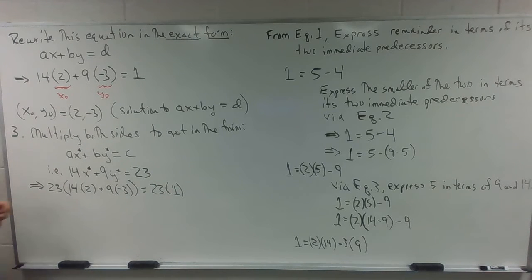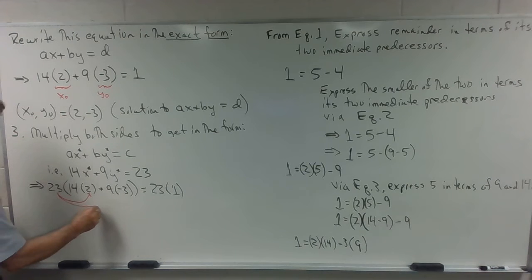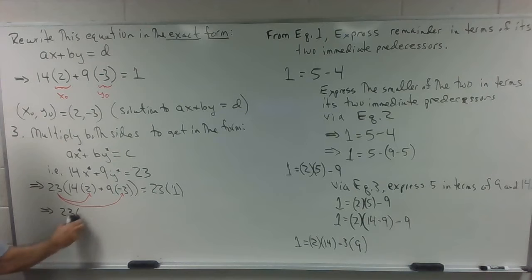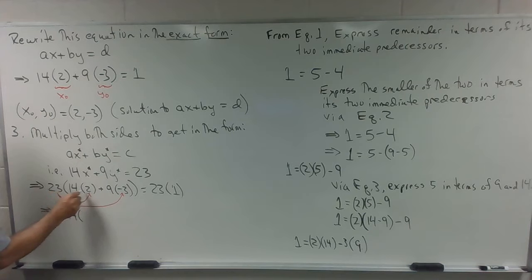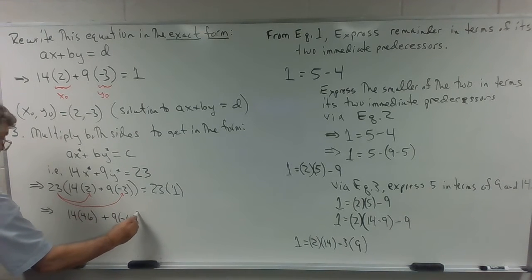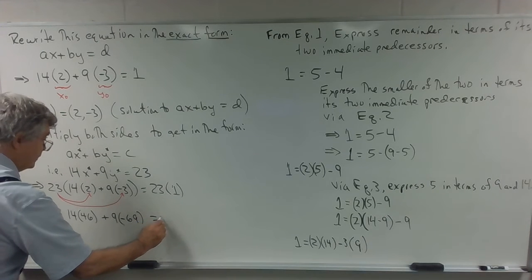And now I'm going to distribute the 23 on the left-hand side, but I'm going to do it in such a way that I preserve the identity of A and B. I'll get 14 times 23 times 2 is 46, plus 9 times 23 times -3, -69, equals 23.